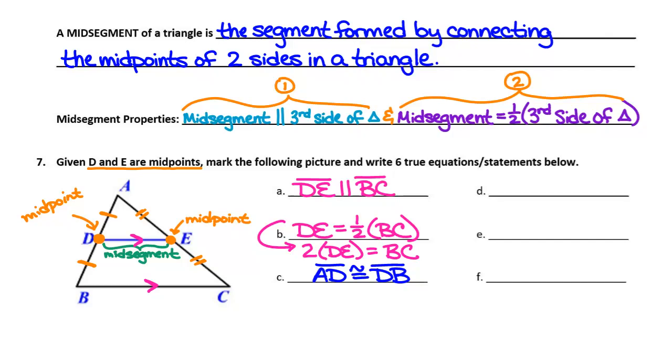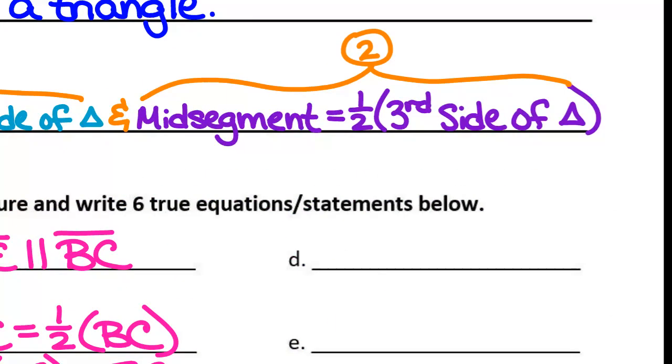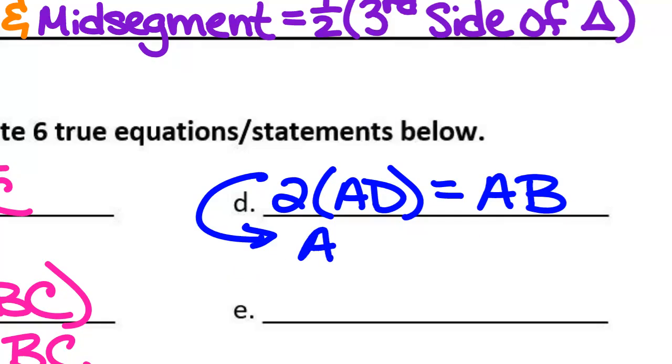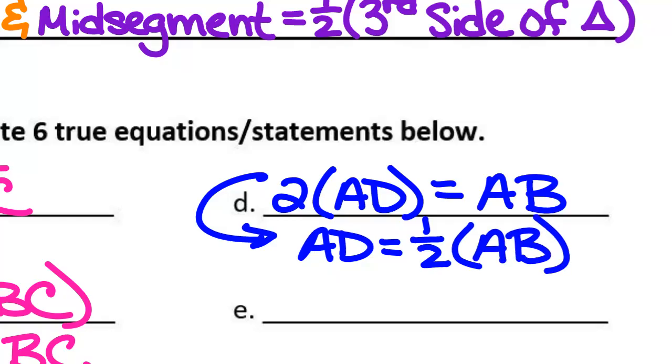What would the relationship be between AD and this whole side over here? Yeah, there's two ADs in that whole side. So 2 times AD equals AB. Or another way to think about that is that segment AD is half of segment AB.